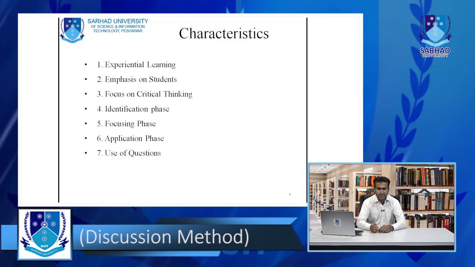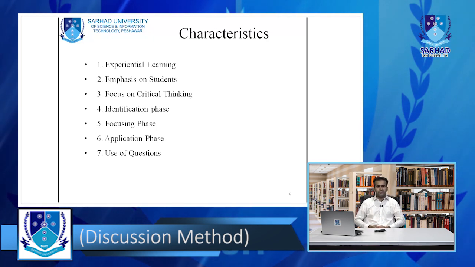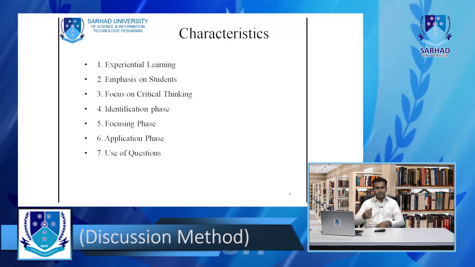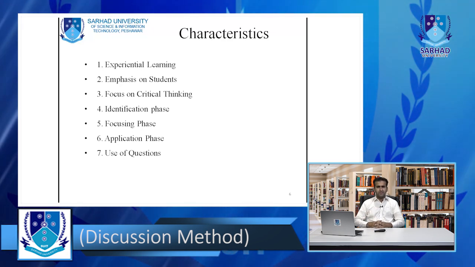Now, there are certain characteristics of this discussion method. Number one, experiential learning. It is a type of experiential learning in a sense that whenever a group is formulated, every individual within the group shares knowledge based on their own experiences, their own talent, and the range of knowledge which they have.